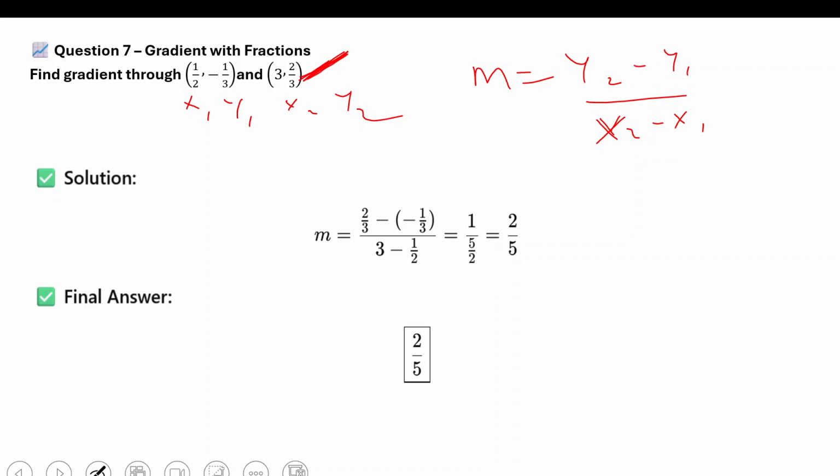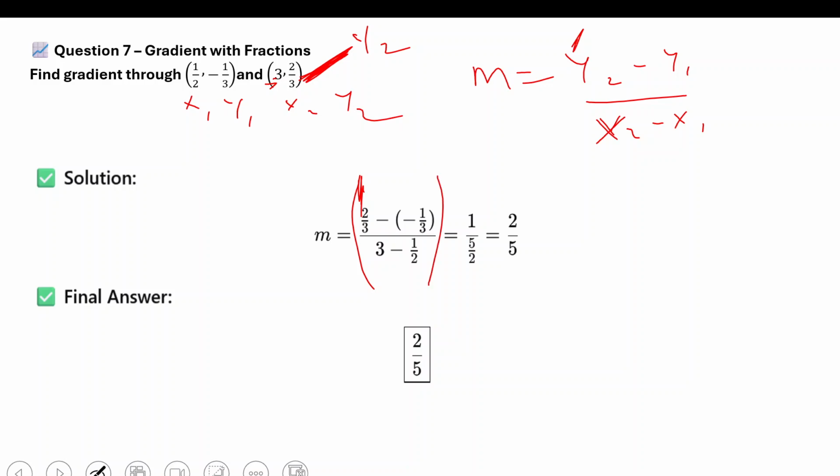This is y2, right? That's why I'm having it here. Minus, then y1 is this one, that's 1 over 3. Minus 1 over 3, all over x2, which is 3, and x1 is minus 1. Okay, so I've put it in the formula here.